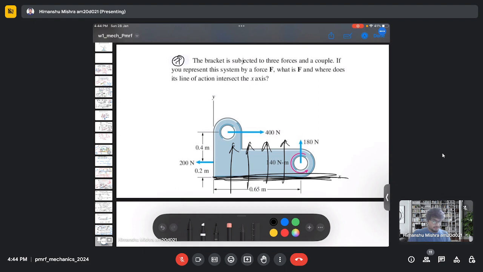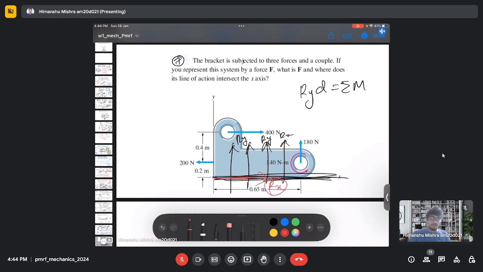It will give me the component Ry times d, which is equal to the summation of moments. This is my Ry force, and the Rx force, which is the other horizontal component of force F, is on the line of action here.